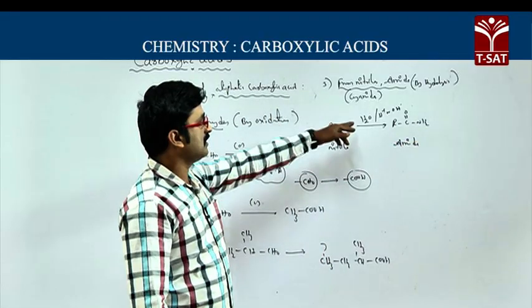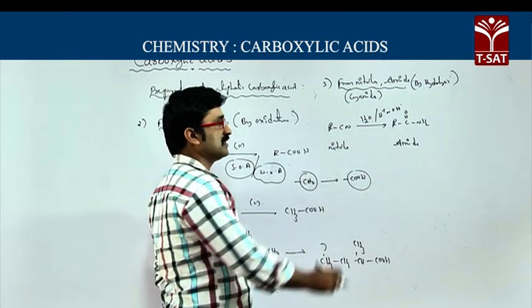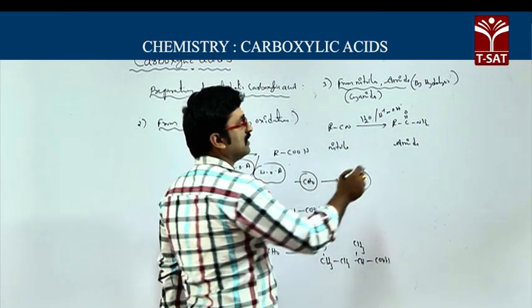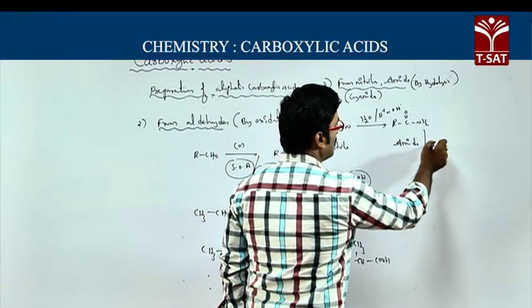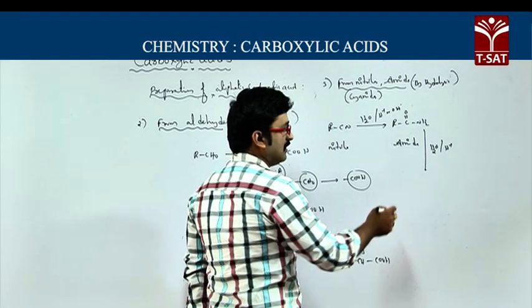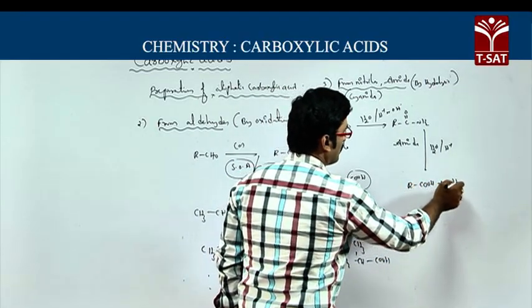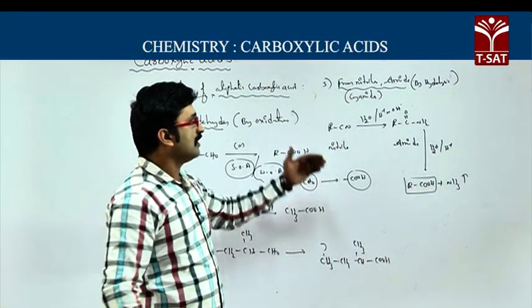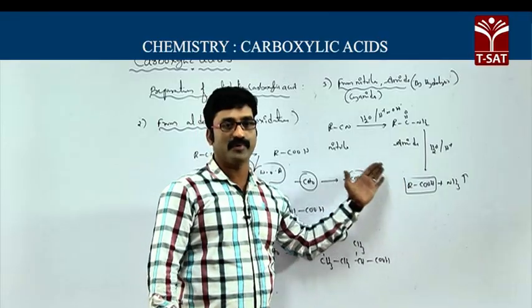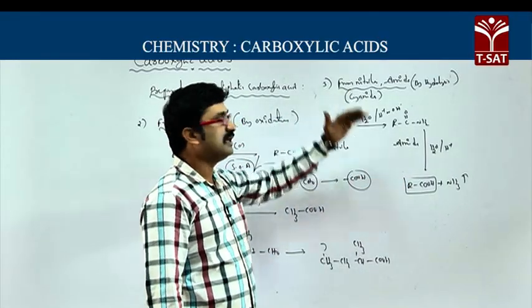Cyanides on hydrolysis in the presence of H plus or OH minus first give amides. These amides on further hydrolysis in the presence of acid or base give R-COOH and ammonia as a byproduct. So carboxylic acids can also be prepared by the hydrolysis of cyanides, or you can say nitriles.